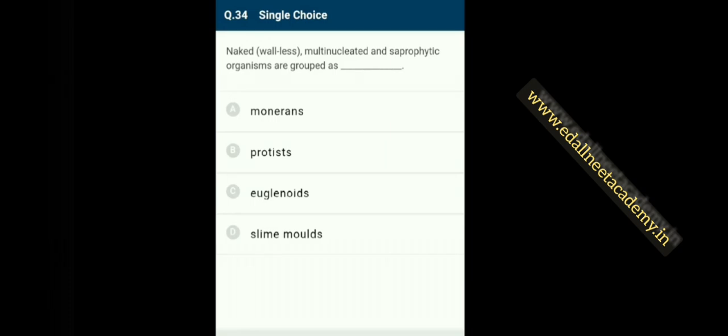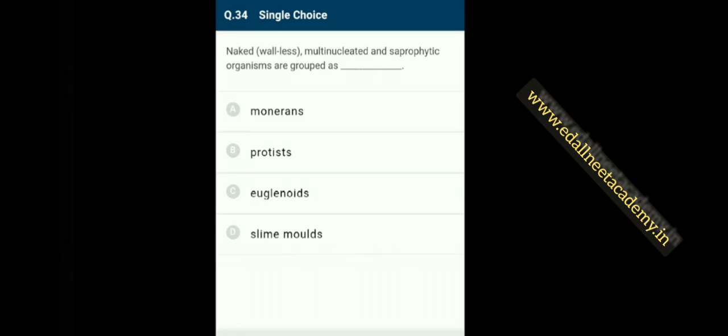They are known to form an aggregate called plasmodium under favorable conditions that can grow up to several feet. The plasmodium breaks and differentiates into fruiting bodies forming spores under unfavorable conditions. Euglenoids are unicellular protists with flagella but no cell wall. They can perform photosynthesis as the cell structure contains chlorophyll. The kingdom Monera includes all prokaryotic organisms.